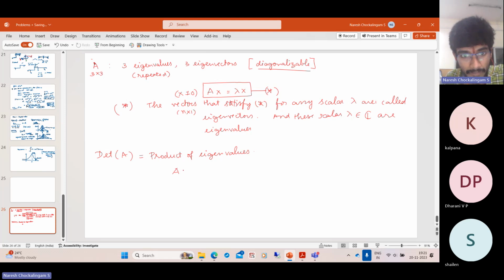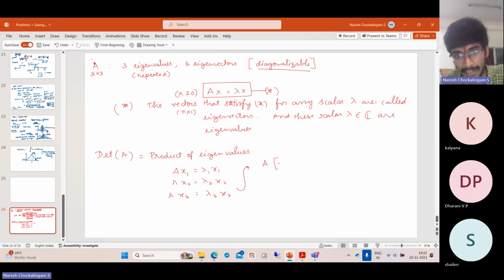So you can find 3 independent eigenvectors which obey Ax1 equal to lambda 1 x1, Ax2 equal to lambda 2 x2, and Ax3 equal to lambda 3 x3. Now we can write it in a form.